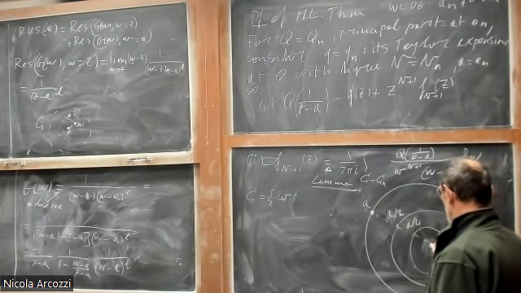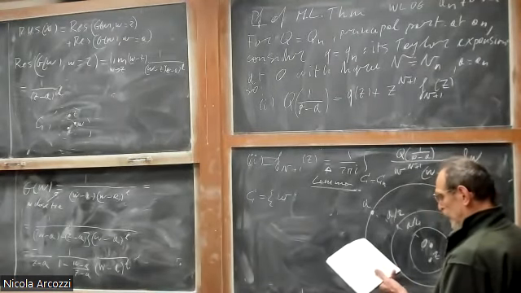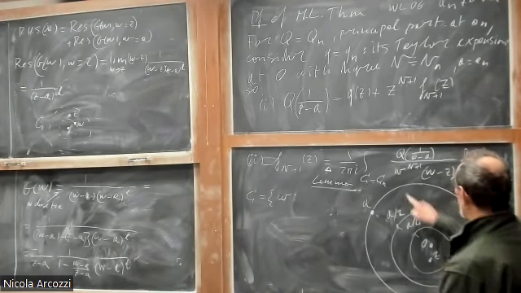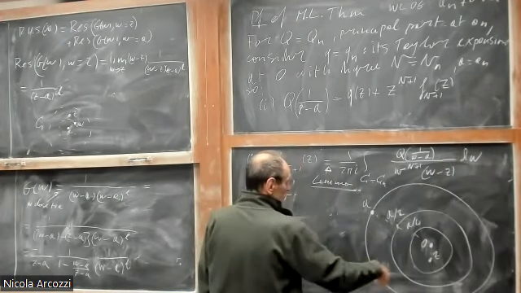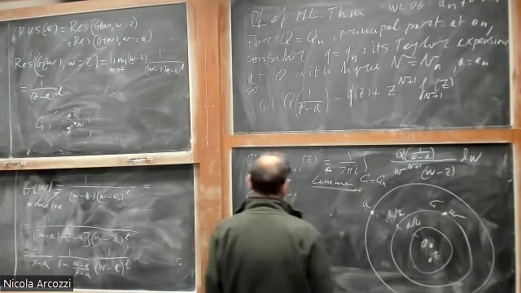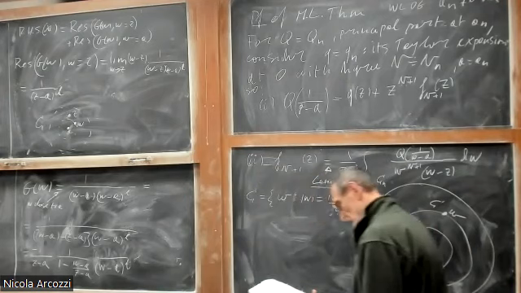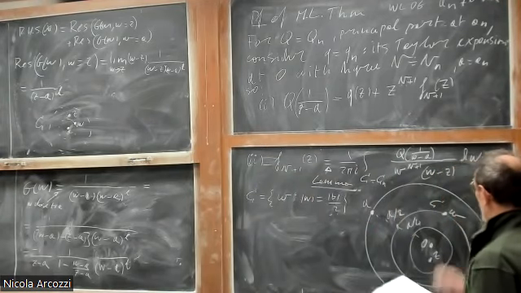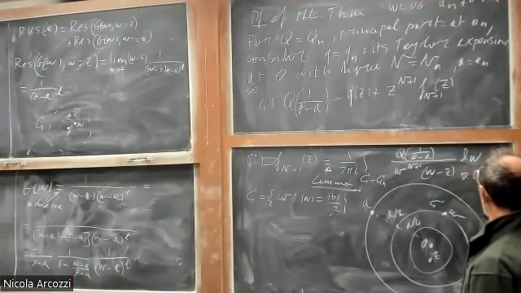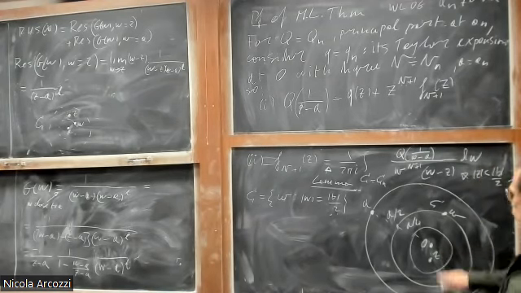And finally, the point Z will be inside there. So let's say the circle is this one. So W belongs to there, and this estimate holds for over 2.